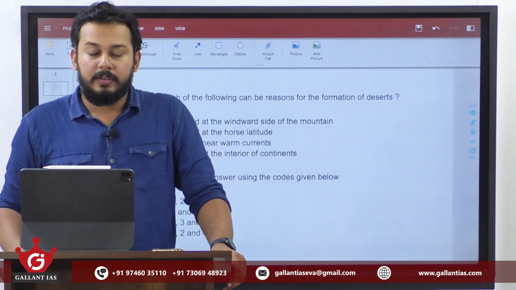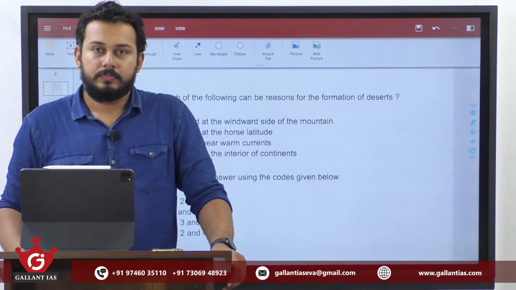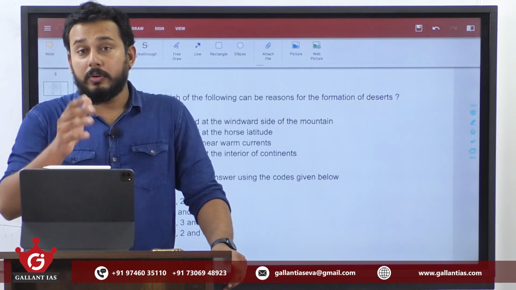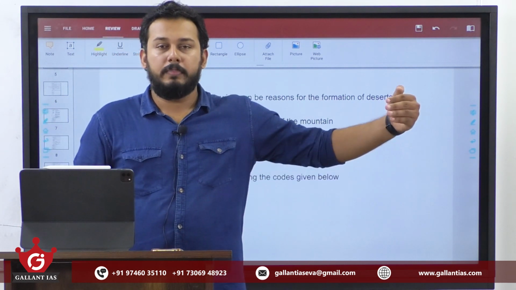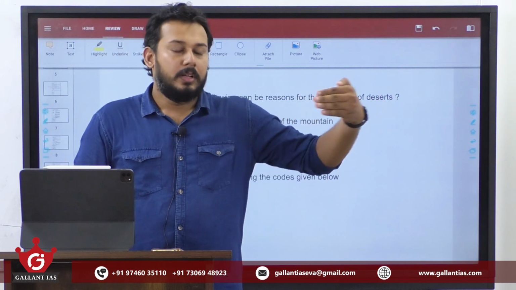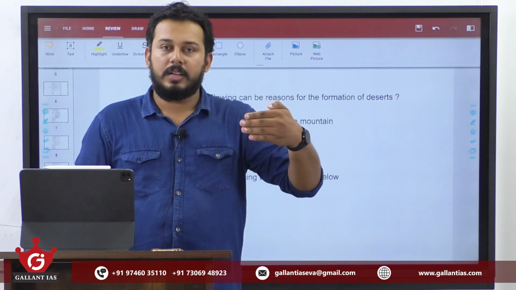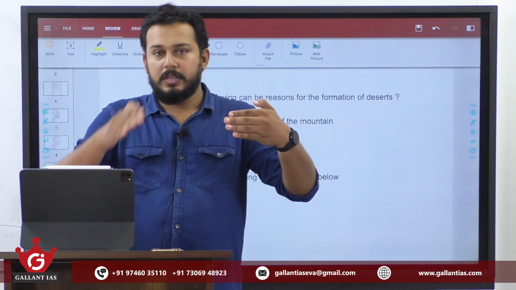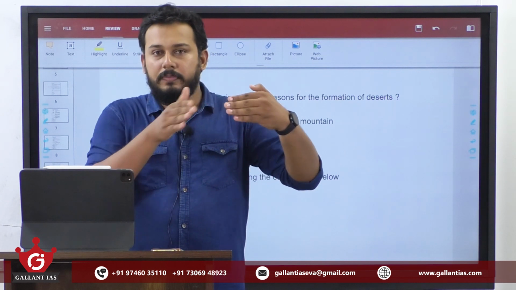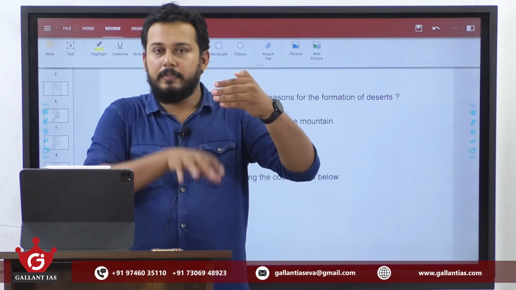Let us see the first one. Located at the windward side of the mountain. This statement is related to the orographic rainfall. So, when you have the rain-bearing wind coming from one side, the direction from which the rain-bearing wind is coming, that is the windward side of the mountain, while the opposite is the leeward side of the mountain. Along the windward side, we will be having rainfall.